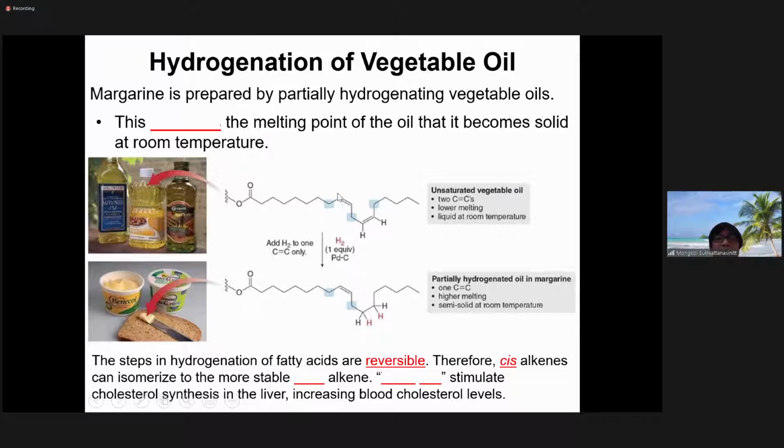You have heard of it because it has some double bonds in the fatty acid side chain here. And this double bond can be added with hydrogen under catalytic hydrogenation conditions, and you get the conversion from alkene to alkane here.